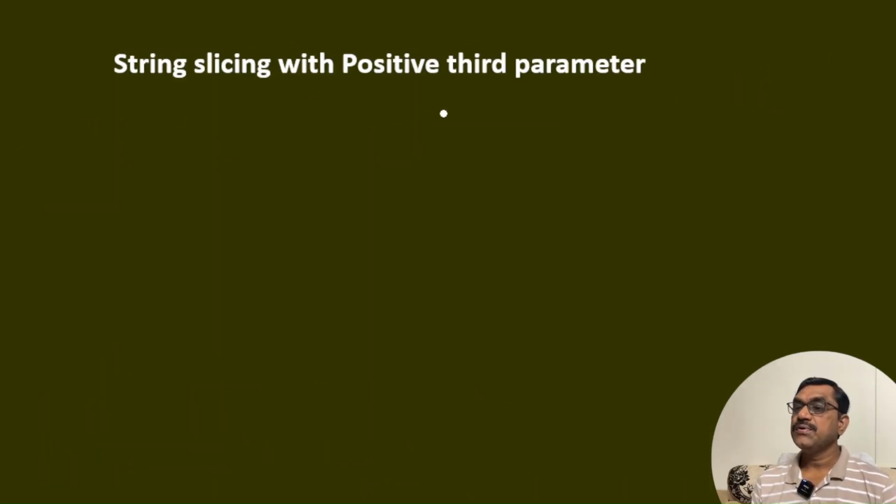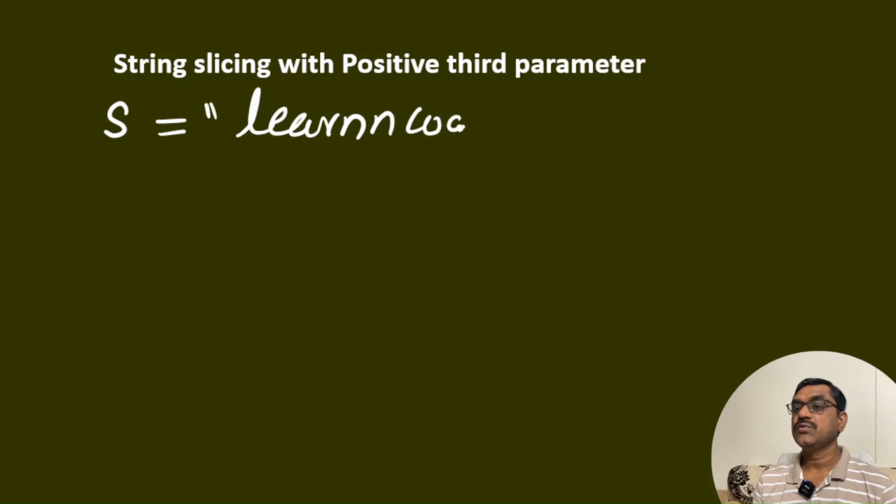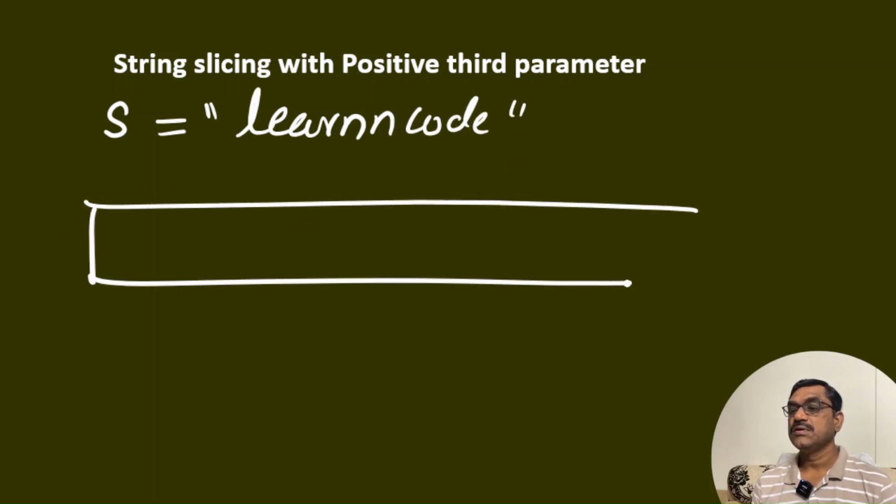Let us take one example to use positive third parameter in string slicing. The string s is equals to, in double quotes, I'm going to give the string LearnNCode. This is the string. Just draw the array representation every time so that it is very easy to understand.